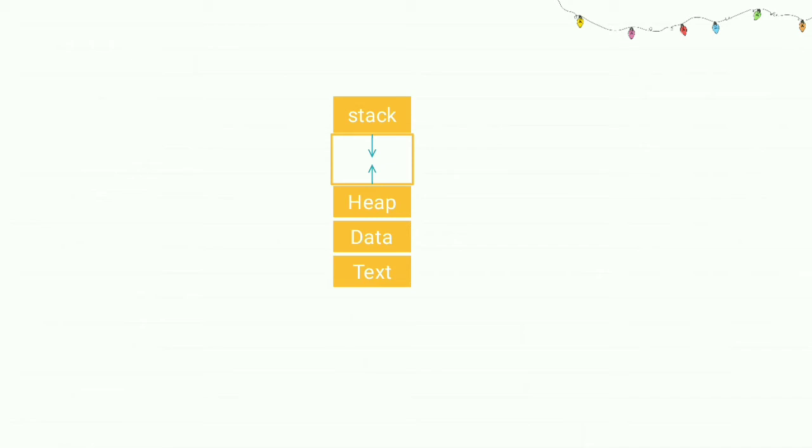And the last one is the heap section, where we save the local variables and global variables. The text, data, and stack sections comprise the address space of the process. The program counter has the address of the next instruction to be executed in the process.